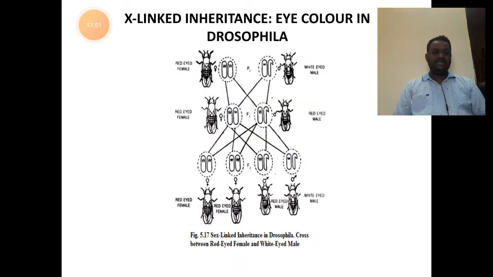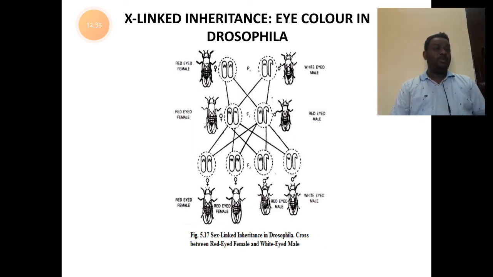Next, when you look at the cross where a red-eyed female is crossed to a white-eyed male, in the F1 generation all the males and females are red-eyed. To his surprise, when the F1 generation was crossed, he found almost all the females were red-eyed, but among the males 50% were red-eyed and 50% were white-eyed.